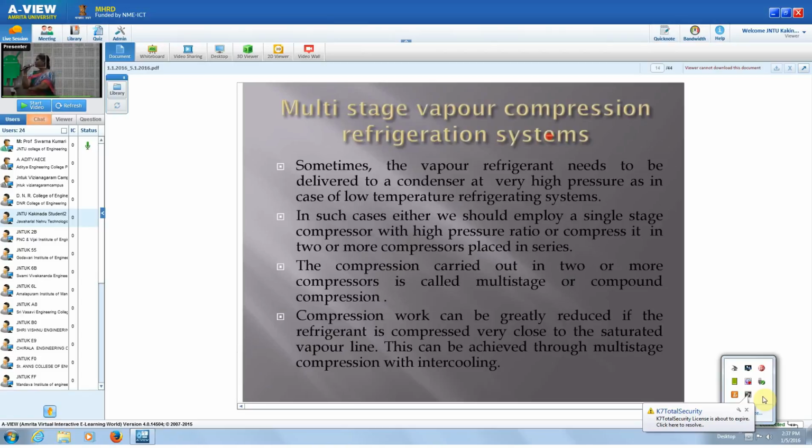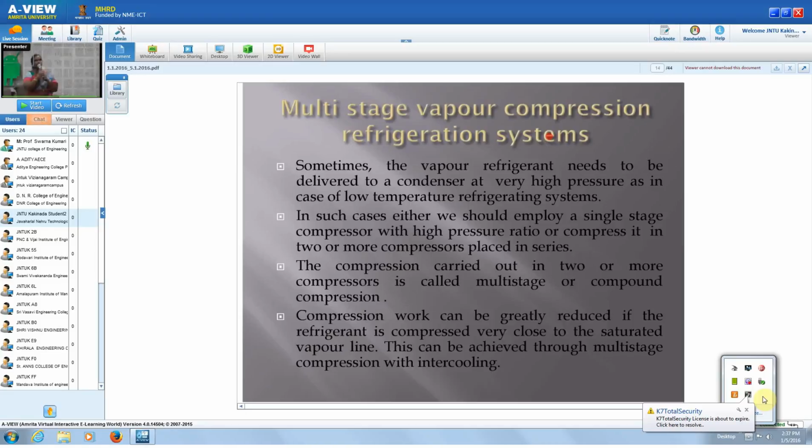Whenever we talk about the temperature, it implies pressure also. When the suction pressure required is very low, the suction temperature will also be low. Similarly, whenever the discharge temperature, that is the condenser temperature, required is very high, then the discharge pressure will also be high. So this is the main requirement for low temperature refrigeration systems.